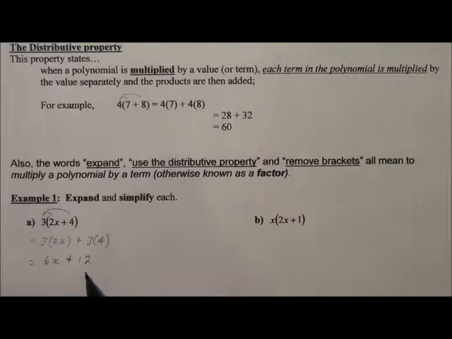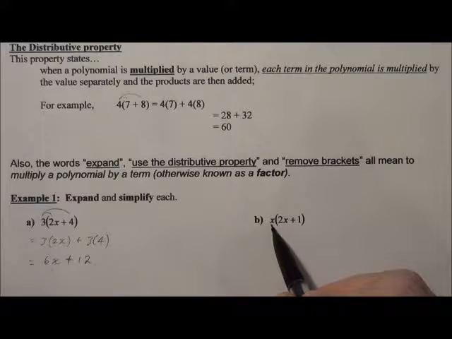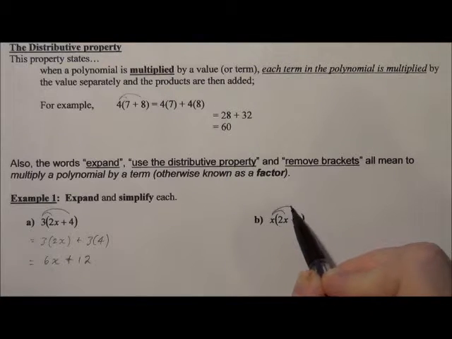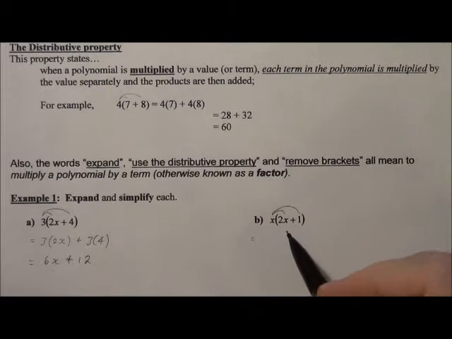Moving over to example B, we're now going to multiply this term x, or this factor, which is also a monomial because it's just one term, and we're going to distribute that into 2x and multiply it by 1. When we multiply into a set of brackets like that, we remove the bracket, and we're going to use our power laws, also the exponent laws.